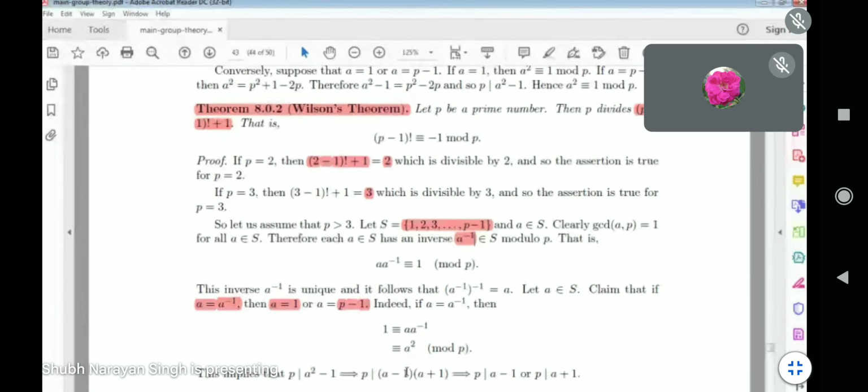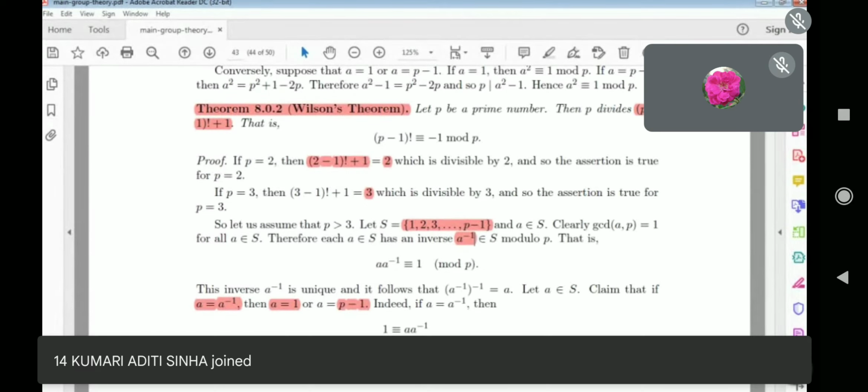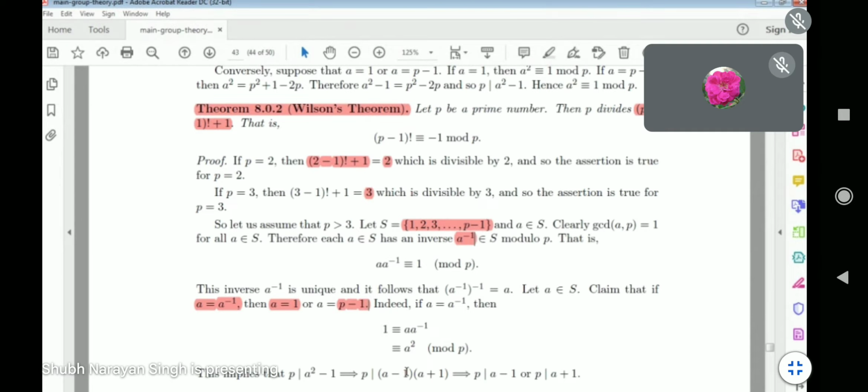Whatever p we choose, if any element inside S is equal to its inverse, then that element is nothing but 1 or p minus 1. There are only two elements which are equal to their inverse. Otherwise, any element different from 1 and p minus 1 has an inverse that is also different.